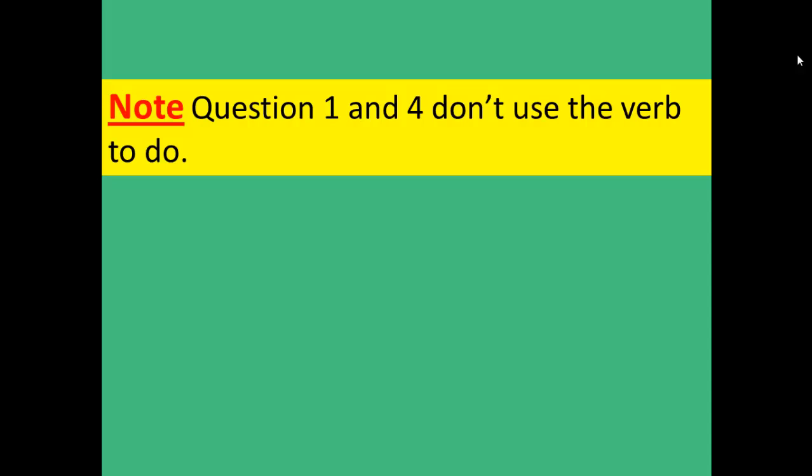So if we want to ask about the subject in a sentence, there is no need to use the verb to do. And if you want to ask about the object, in this case we have to use the verb to do.